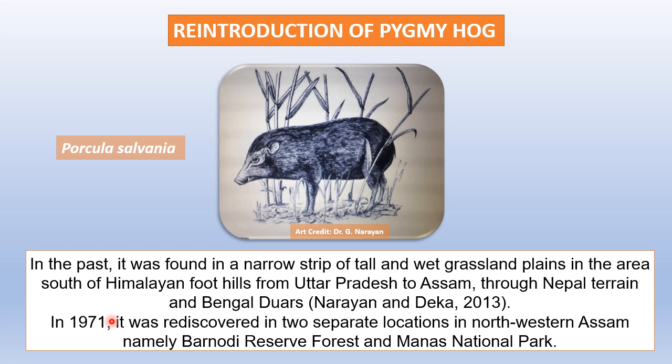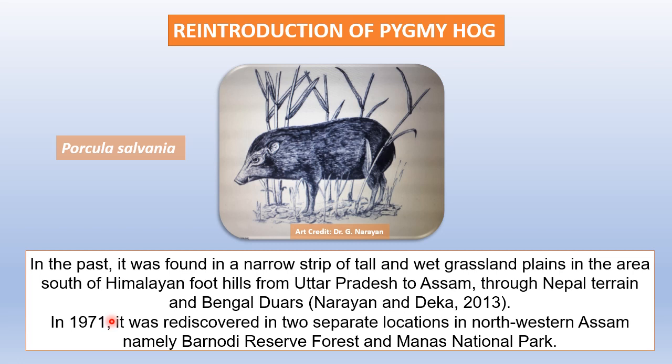Subsequent field survey also confirmed its continued occurrence in several other reserve forests in northwestern Assam in the late 1970s. But continued commercial forestry operations resulted in its extirpation in all of those areas by the early 1980s.